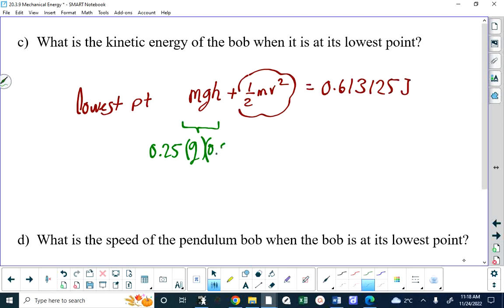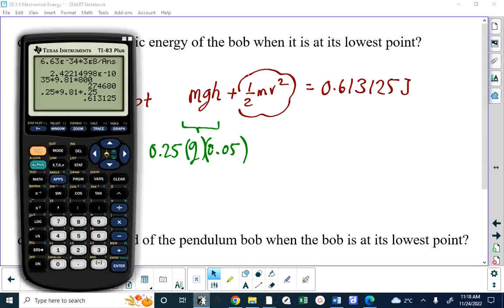Are you starting to see why it's not the wisest choice to use the floor? Because if we didn't, whatever number we got for the previous question would be the answer to this one.